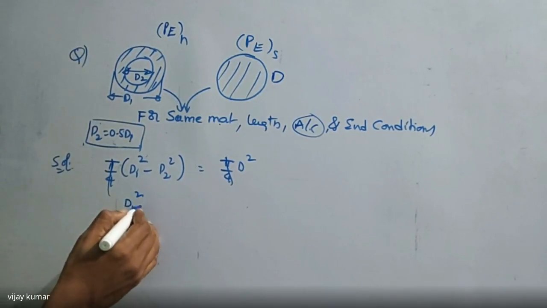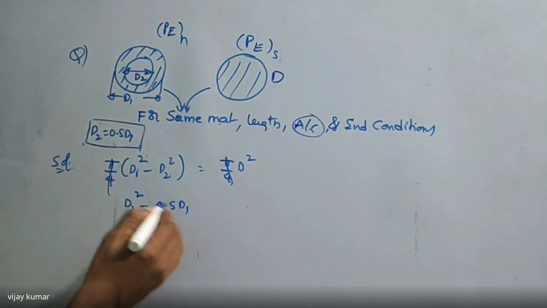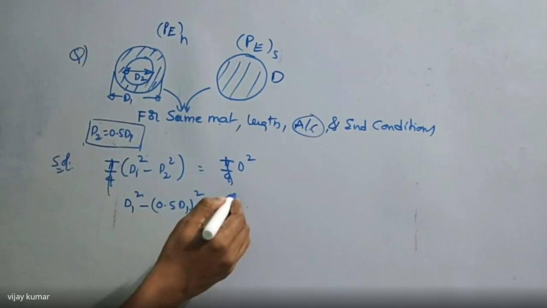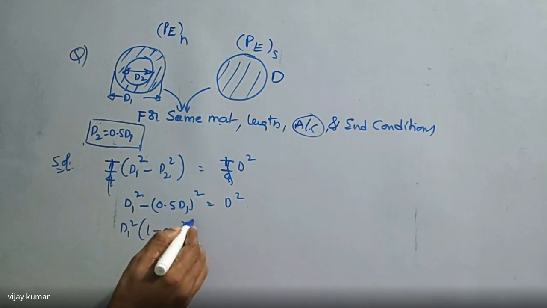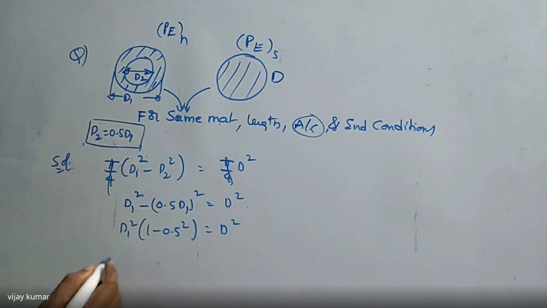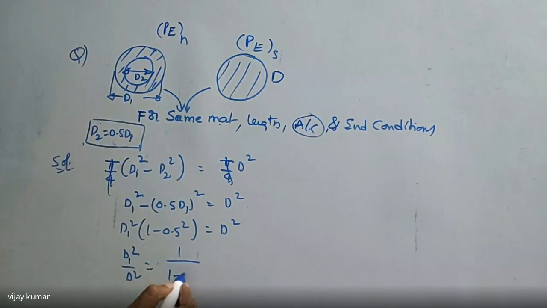So d1 square minus 0.5 into d1 whole square is equal to d square. Then d1 square is common. 1 minus 0.5 whole square is equal to d square. So I'm writing here d1 square divided by d square is equal to 1 by 1 minus 0.5 whole square, which is 4 by 3. That is the condition. Did you get my point or not?